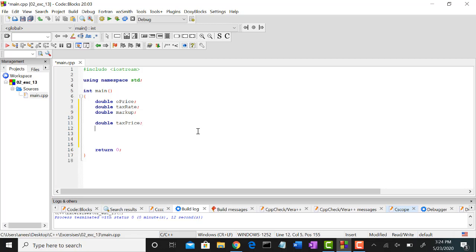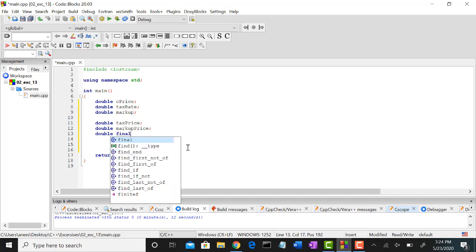I'm going to have another one, double markupPrice. This one is going to be the price of the markup. And now here we are going to have double finalPrice.